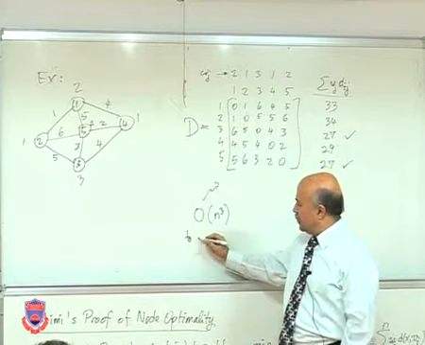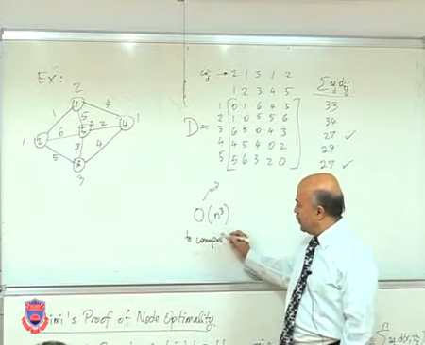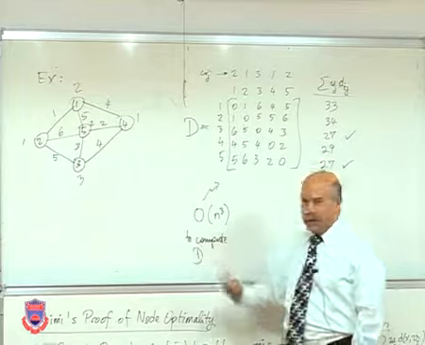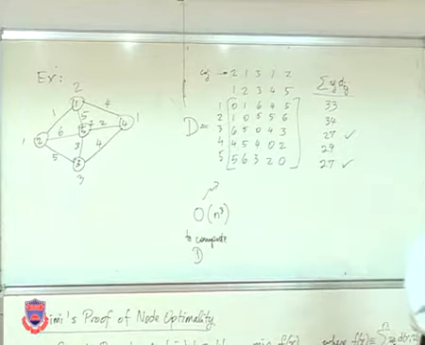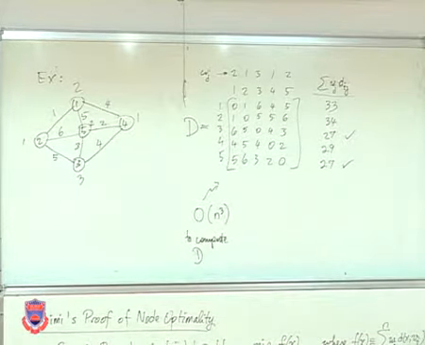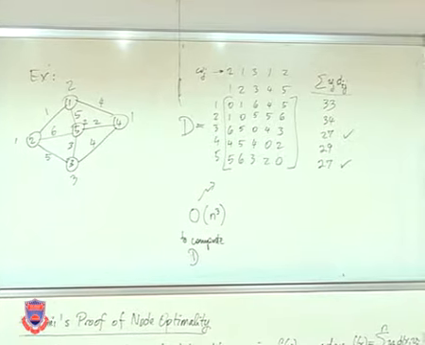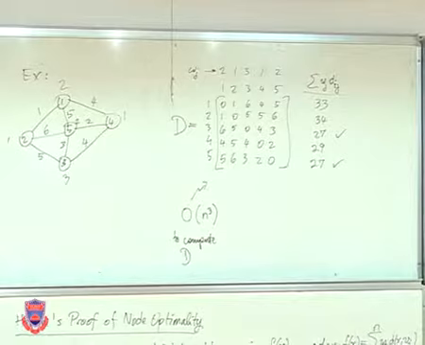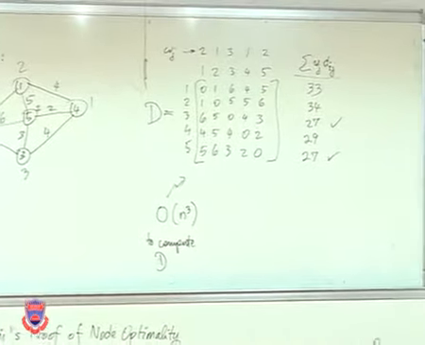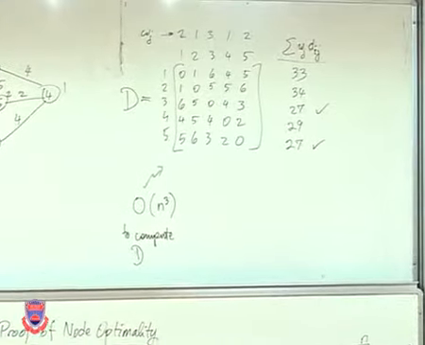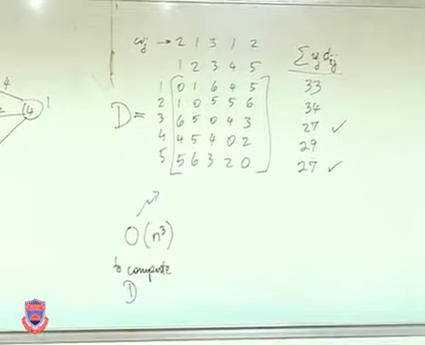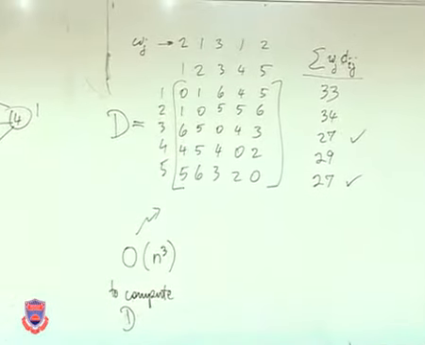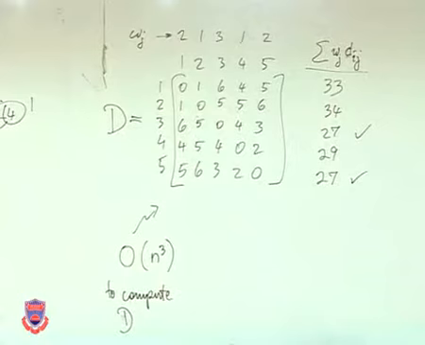To compute the distance matrix D, you can do that by using either an all pairs algorithm, such as Floyd's, or you can use Dijkstra once for each vertex as a home base. Dijkstra works in O(n squared) time, and so when you repeat it for each vertex, it will be O(n cubed).